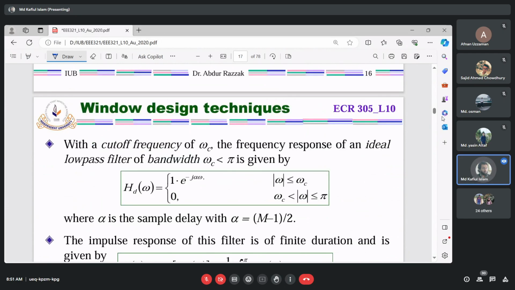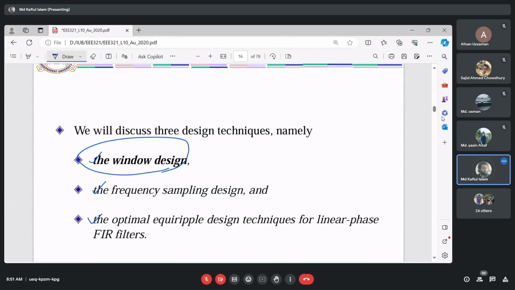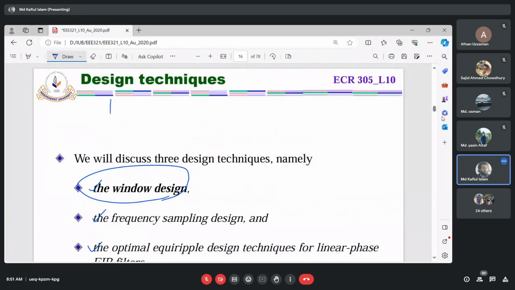Now, why does the window come into our picture? The reason is very simple. We're talking about FIR filters, remember. That means finite impulse response, or in other words, finite duration impulse response. So the impulse response will have finite duration. To make it a finite duration, you have to cut down from infinite duration, right?